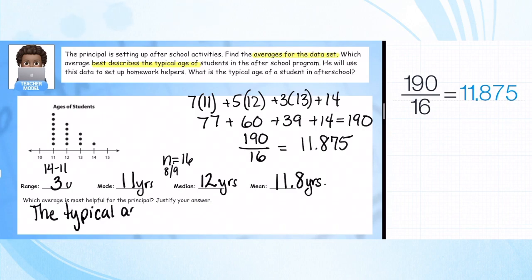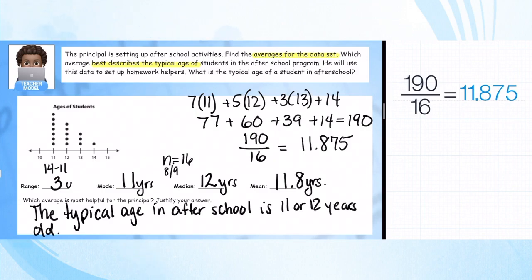The typical age in after school is 11 or 12 years old. Mean is appropriate.